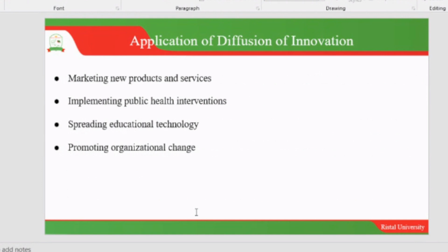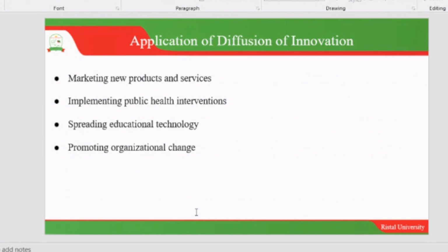So, application of diffusion of innovation: we need this knowledge as future innovators in healthcare, because it helps us to market new products and services. If we understand the concept of those communication channels that are supposed to be used, then we can ably market these new products or services that we are bringing in place as our innovations.